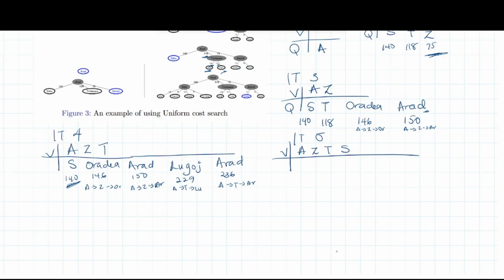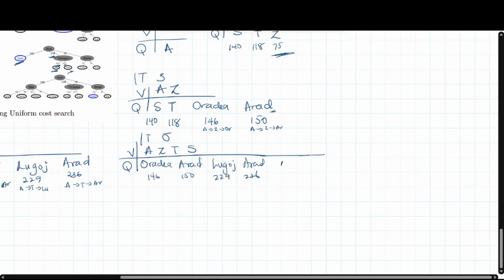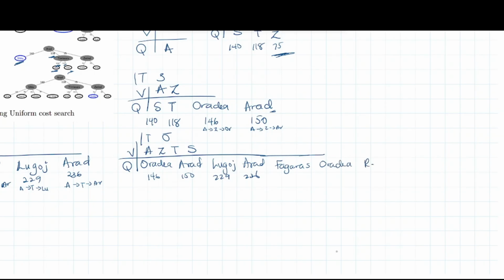T and S. Now we expand S's neighbors. First we write these ones already here: Oradea, Arad, 146, 150, Lugoj and Arad, 236, 229, and then these new ones, actually four. That's made up of Arad again. I write Arad first so I don't get confused. Fagaras, Bucharest, Oradea, Rimnicu Vilcea, and Arad.